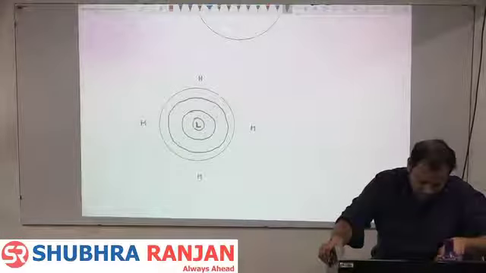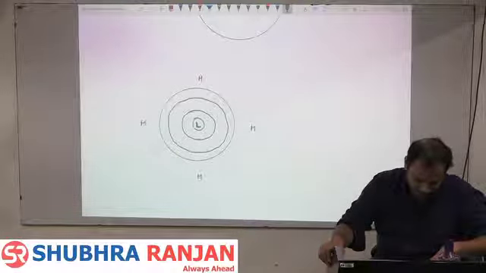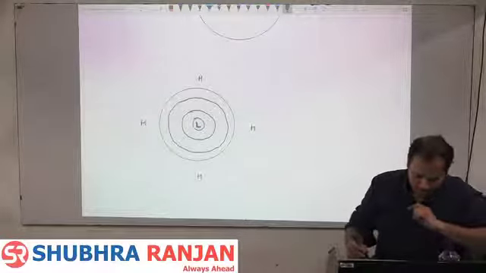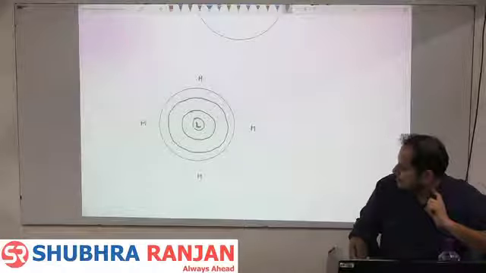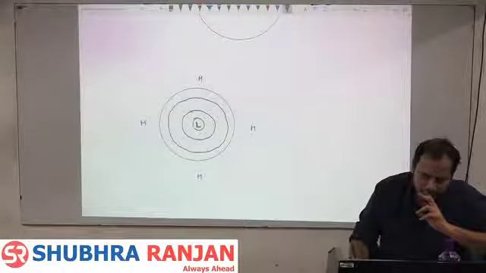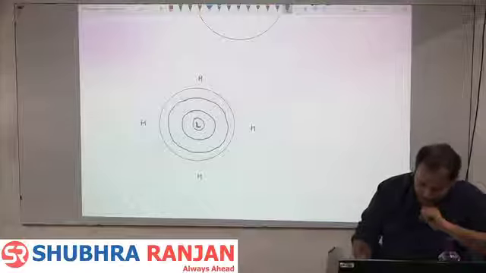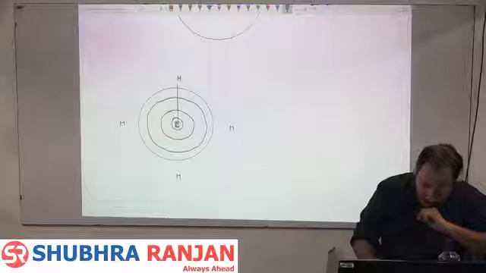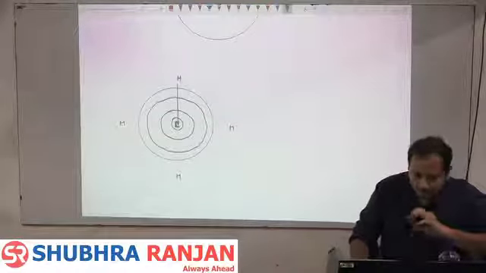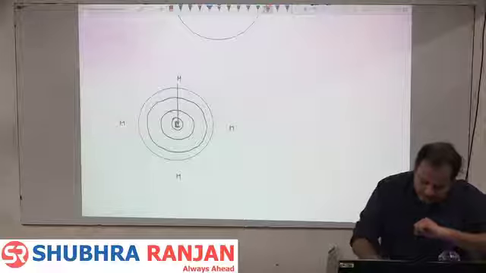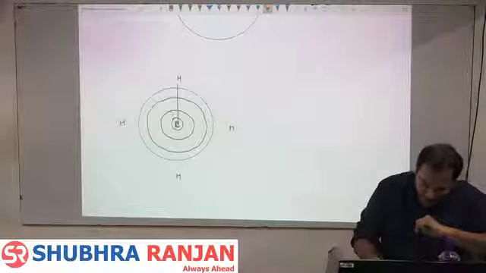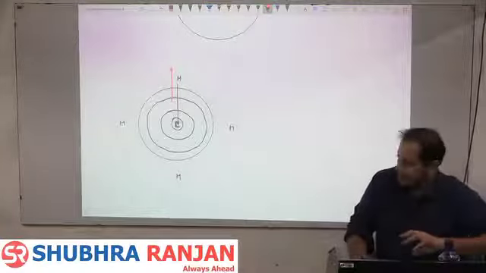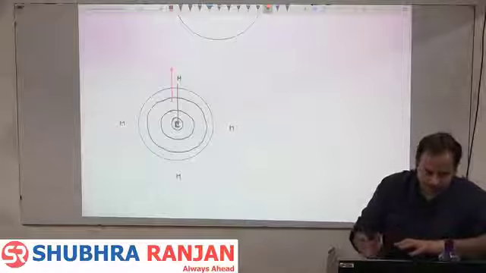Condition 1. In which direction is the pressure gradient force applied? From high to low. Don't draw anything, first understand. In which direction is the centrifugal force getting applied? Away from the center. Coriolis force to the right hand side.